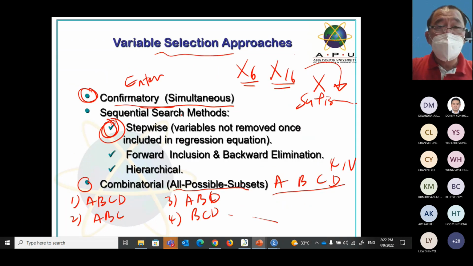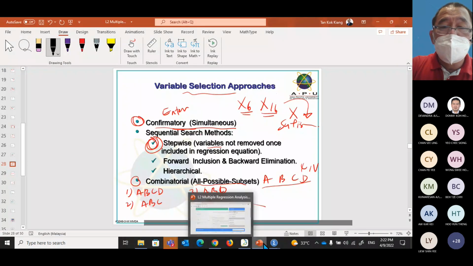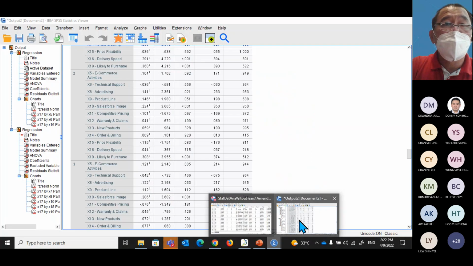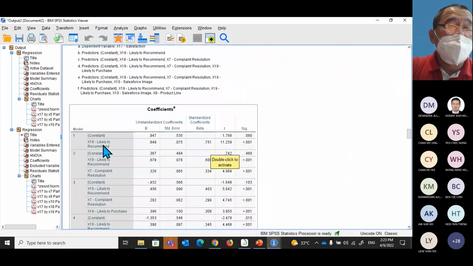So we are done already for the stepwise. Now we see forward inclusion and also backward elimination. For the stepwise, the variable is not removed once included. Let's say this is the first variable, likely to recommend.